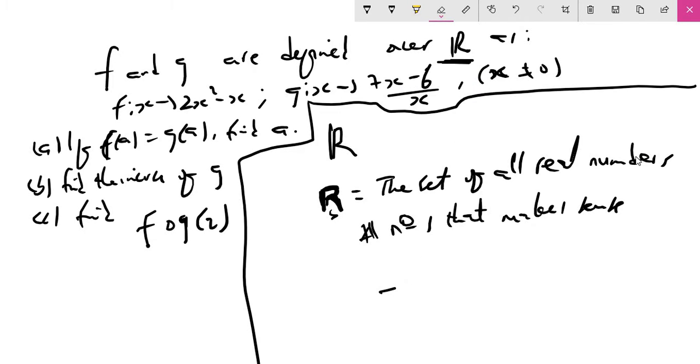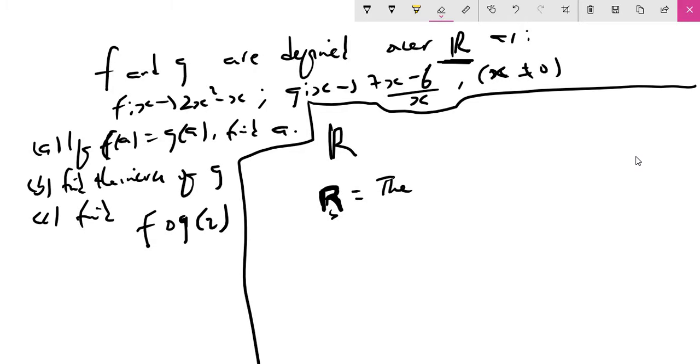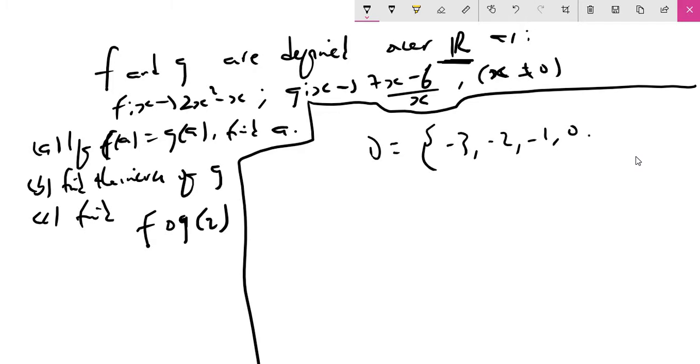So whenever you see R, or they tell you something is defined based on the set R, just bear in mind that it means all numbers that you know at this point. Remember in previous questions, the domain is usually limited. The other one gave -3, -2, -1, 0, 1, 2, 3. But for this, they are saying all real numbers.